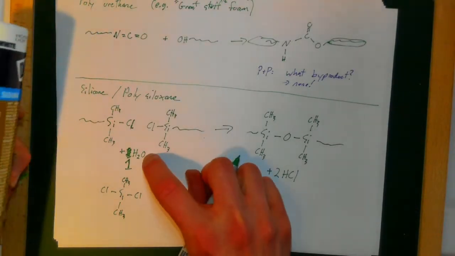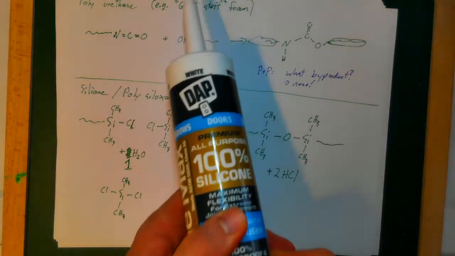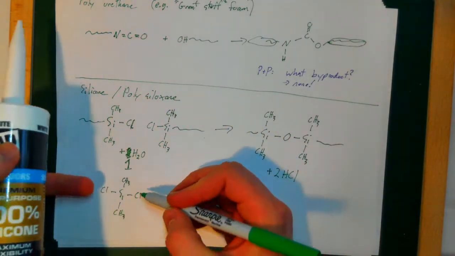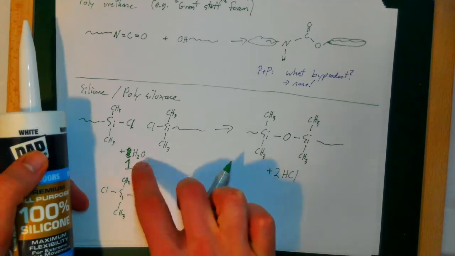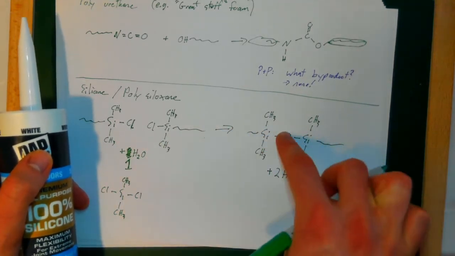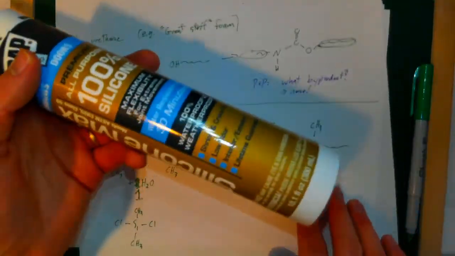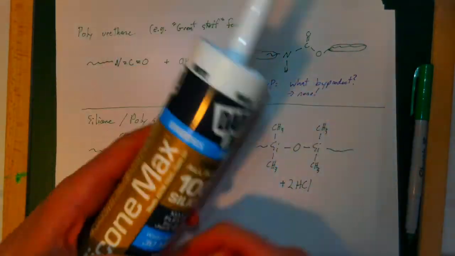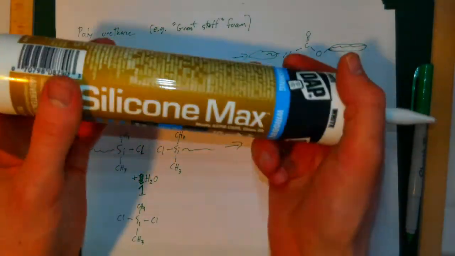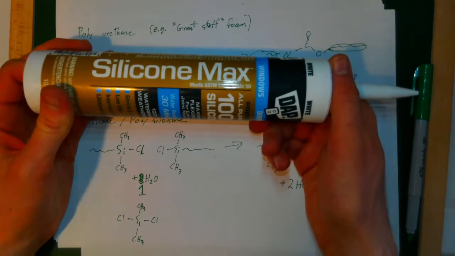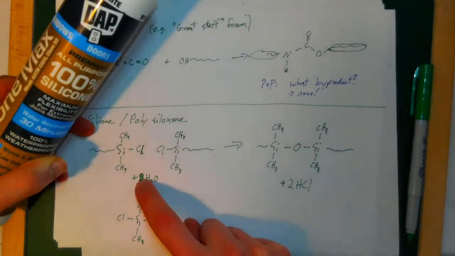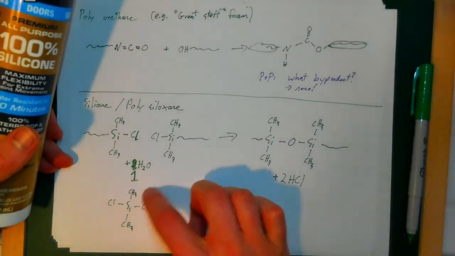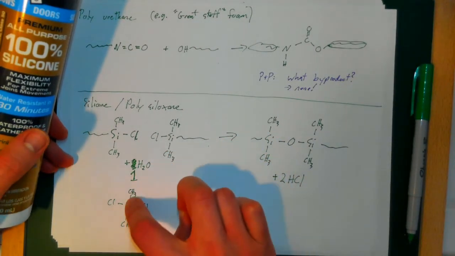Once this silicone is squirted out of the tube and reacts with water vapor in the air, that water vapor kicks off this reaction process. So, in terms of convenience, it's nice to have a polymer that remains non-reactive when sealed in the tube, but as soon as it's exposed to water, that sets off the curing process.